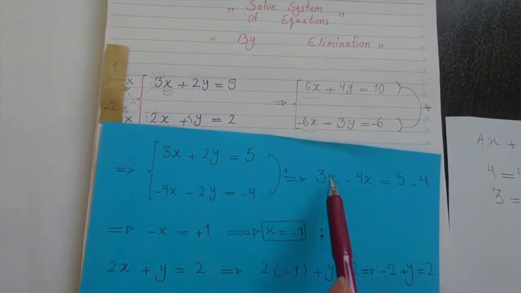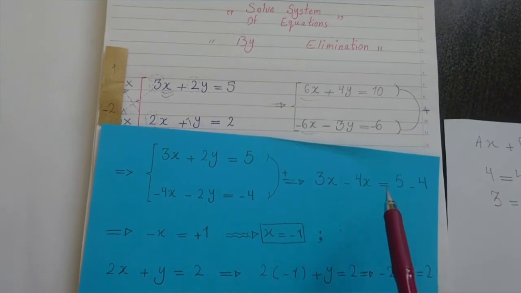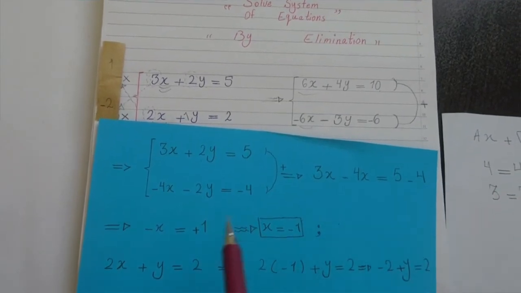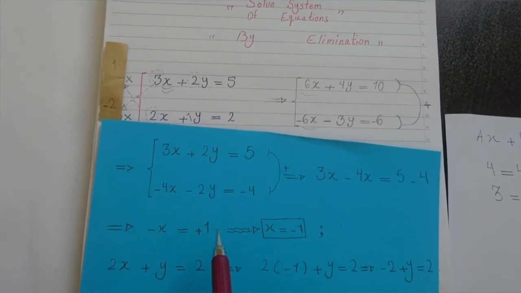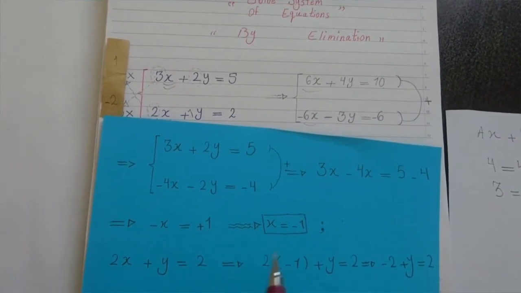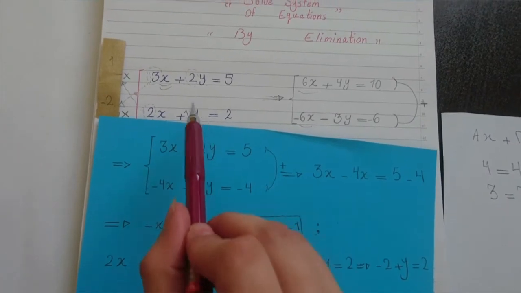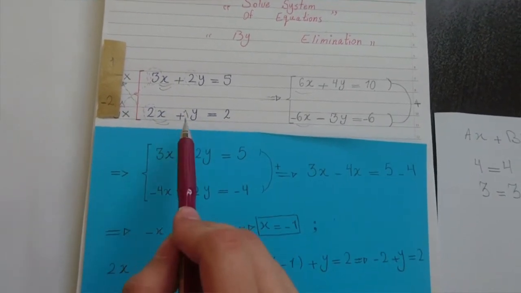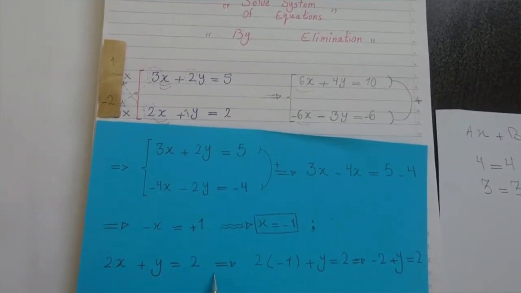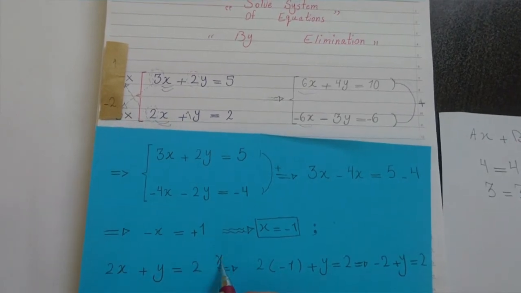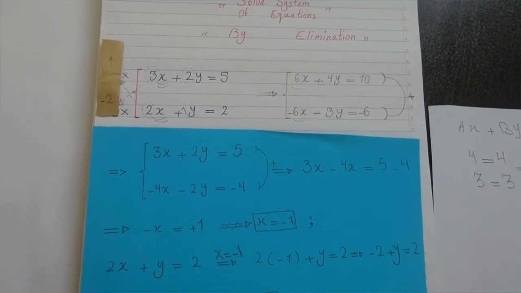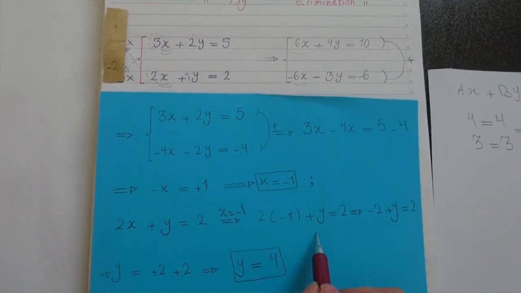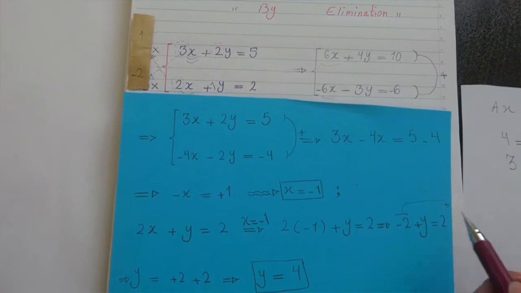So we will have 3x minus 4x equals 5 minus 4. Here we have negative x equals positive 1, so x is negative 1. From the equation 2x plus y equals 2, when x is negative 1, we have 2 times negative 1 plus y equals 2.